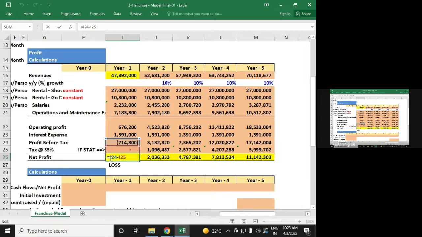One crore 11 lakhs is therefore your PAT for year 5.